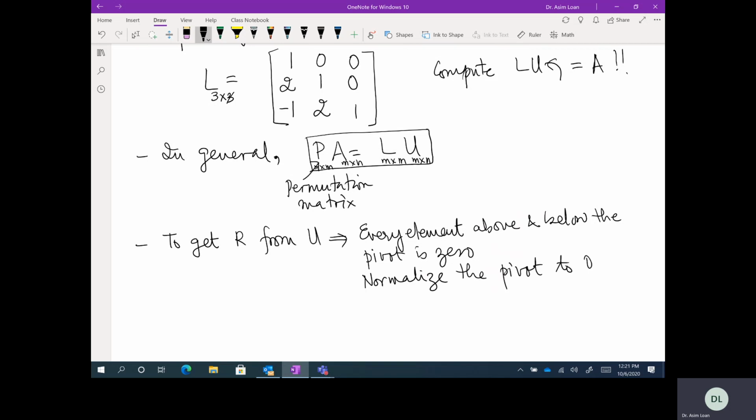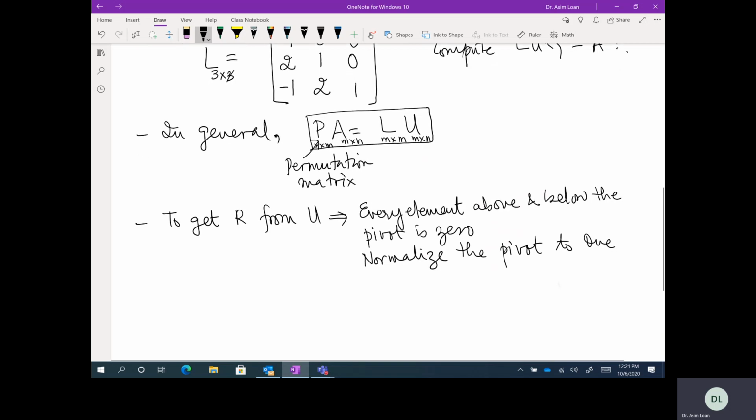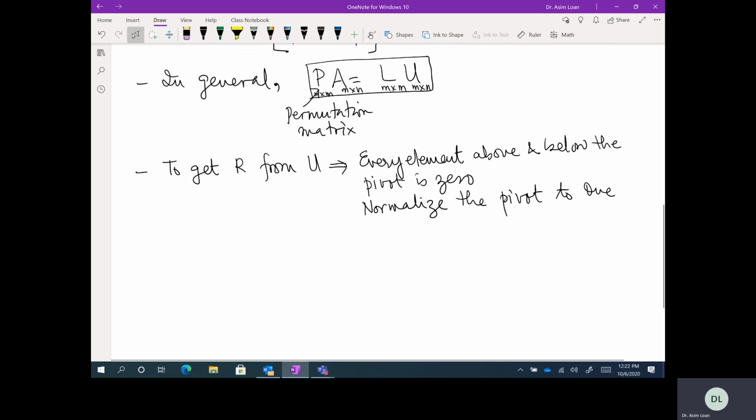This is just so that it's simplified when we are finding the variables. Otherwise, we have to divide by the pivot.